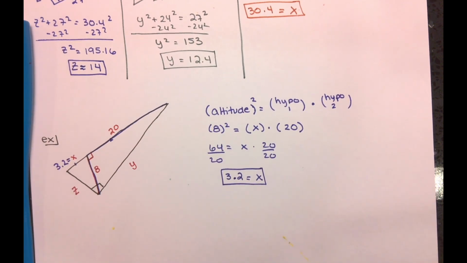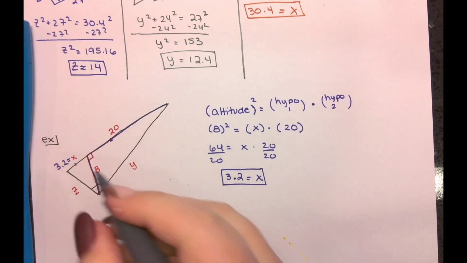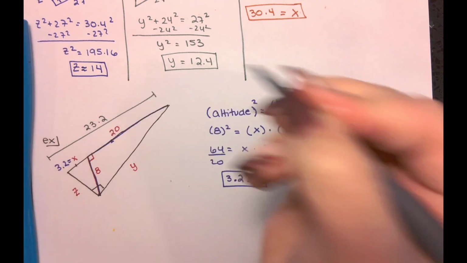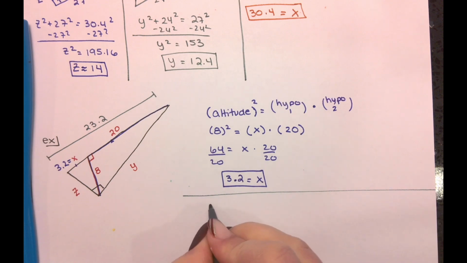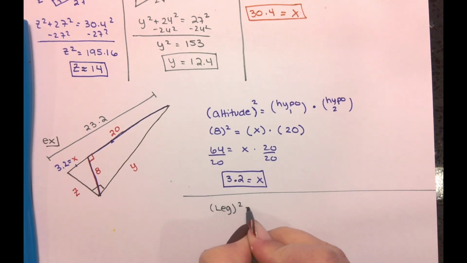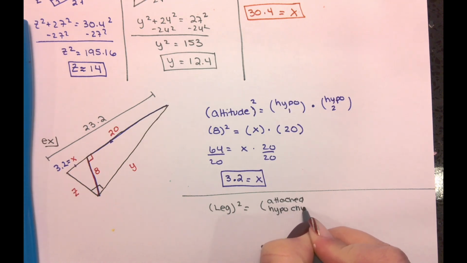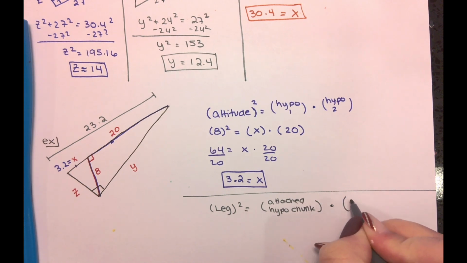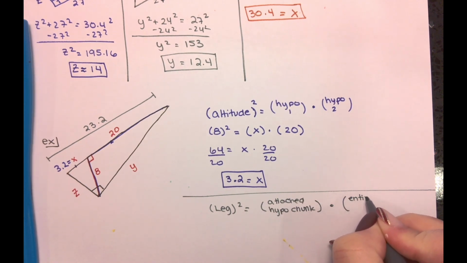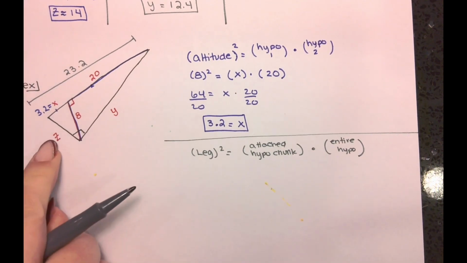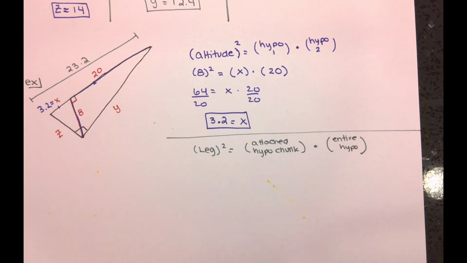Okay, let's use our leg theorem here. Now that we have things, that means our entire hypotenuse is 23.2. I'm going to separate this out. We got leg squared is equal to the attached hippo chunk times the entire hypotenuse. Okay, so which leg are we doing? We can do z, we can do y. Let's do y first.